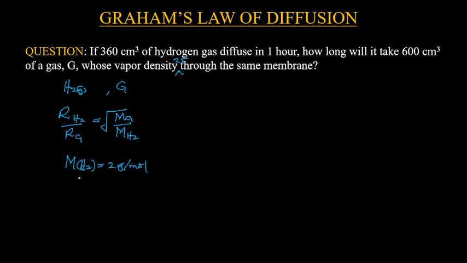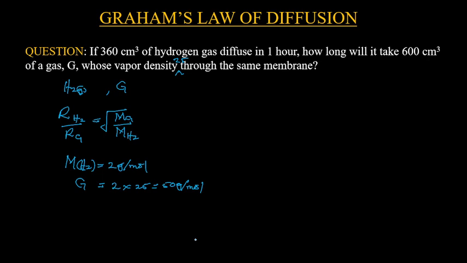Now that of the gas G, we don't know what gas it is, but we are given the vapor density, which is 25, and since we have the vapor density, 2 times the vapor density will give us the molar mass of that particular gas. So when we have 2 times 25, we are going to have 50 grams per mole. That is the molar mass of the gas G.